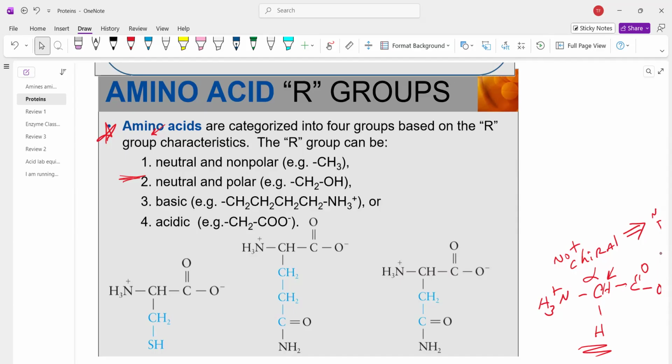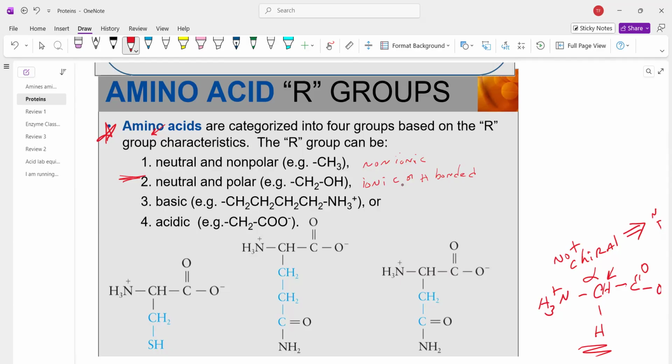They can be neutral, non-ionic, or neutral and polar, either ionic or typically H bonded, like an alcohol here.